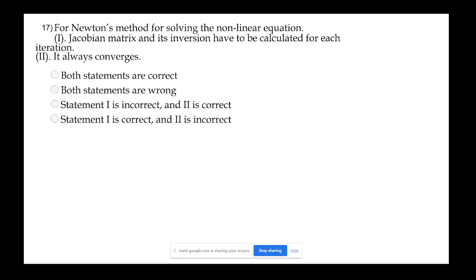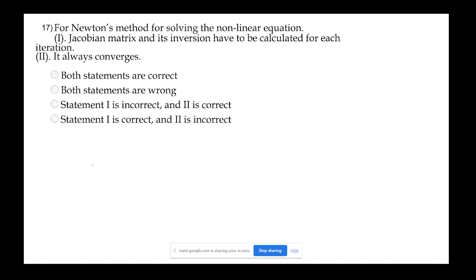Next question is, for Newton's method for solving nonlinear equations, you are given two statements and you need to check whether they are correct or not. The Jacobian matrix and its inversion have to be calculated for each iteration.